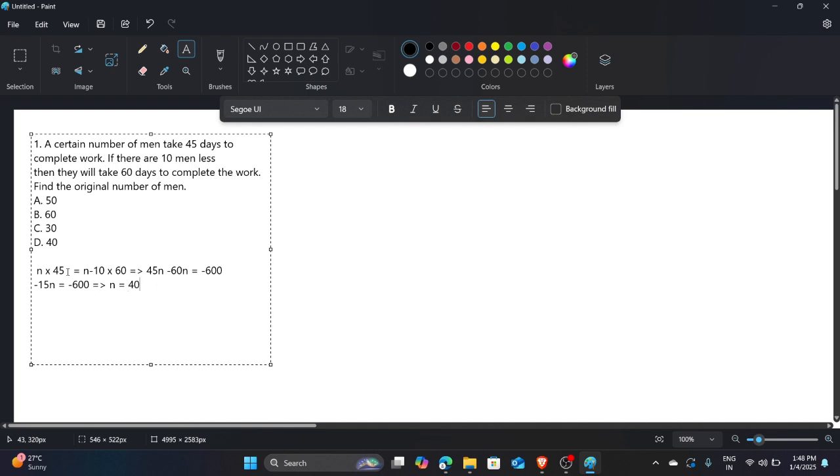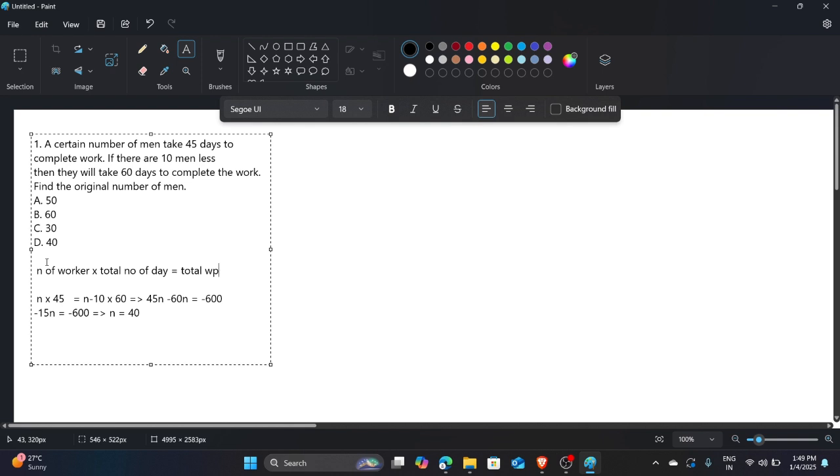So n into 45 days is the total work done. Here also, n minus 10 into 60 is the total work done. This is the formula. I explain the formula. Suppose n number of workers, multiplied by the total number of days they work, is equal to total work.